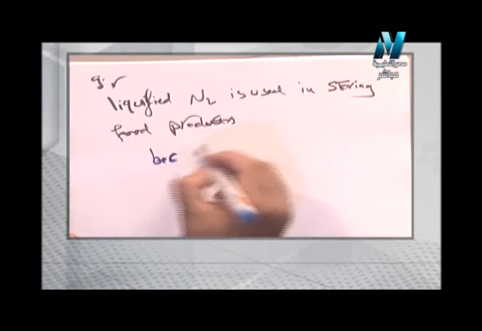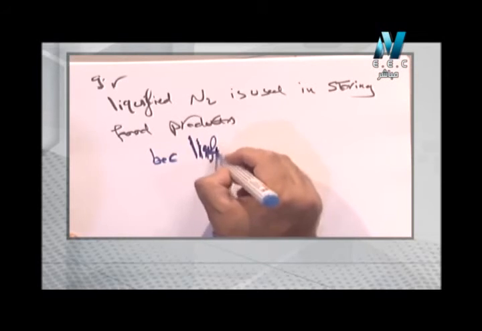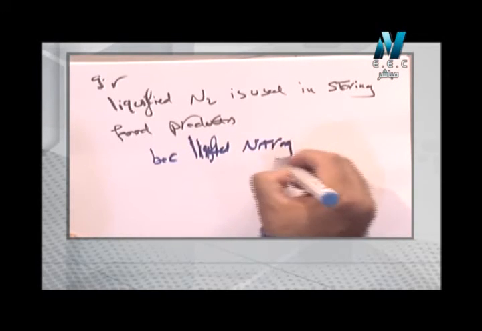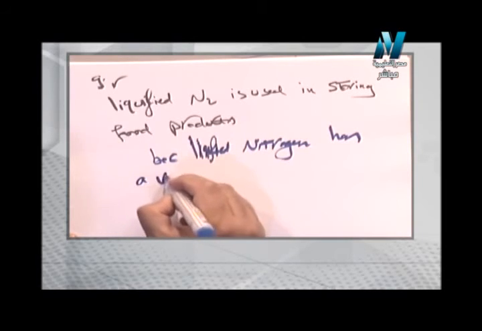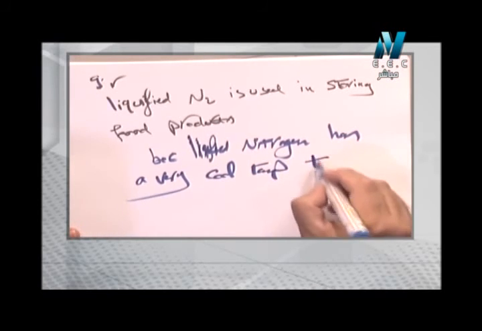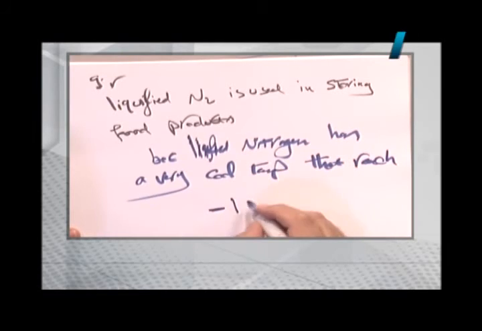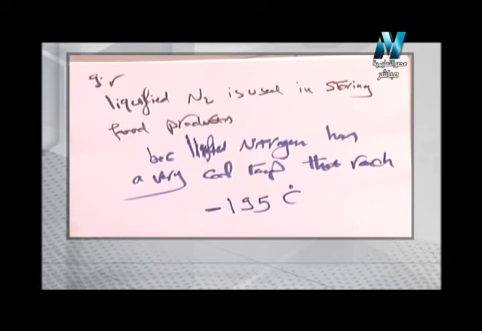Because liquefied nitrogen has a very cool temperature, a very, very low temperature. Maybe it is not in our curriculum, but I will tell you that it reaches about negative 195 Celsius. Again, liquefied nitrogen has a very cool temperature that reaches minus 195.